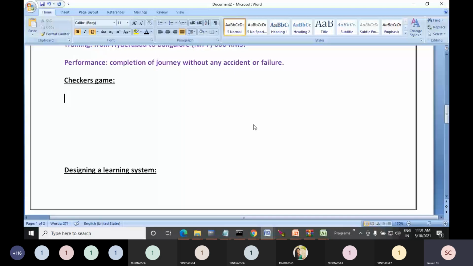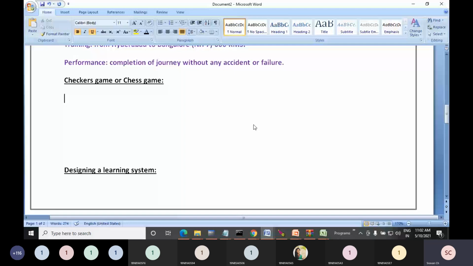So let us assume whether it is checkers or chess, whatever it is. Now suppose I want to develop a machine learning model, meaning I want my computer program to play chess and it should win.